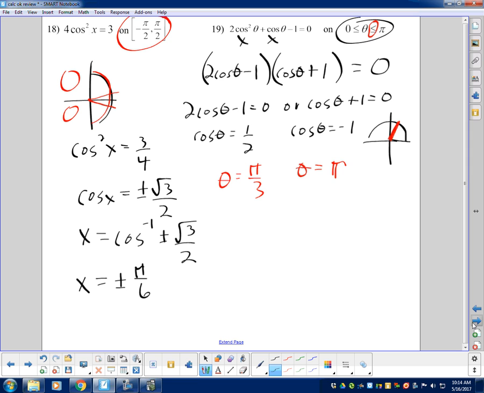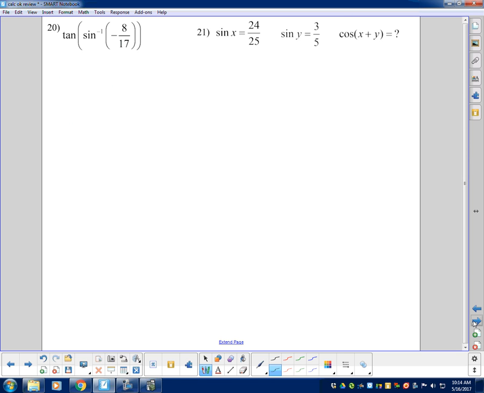All right, number 20, it says evaluate tangent. Let's go to the next one here. Evaluate tangent of inverse sine of negative 8 over 17. So just like we do with composition of functions, we're going to work from the inside out. First of all, inverse sine of negative 8 over 17. Remember, the range of inverse sine is between here and here. So we see that it's negative, so that puts it down here in the 4th quadrant.